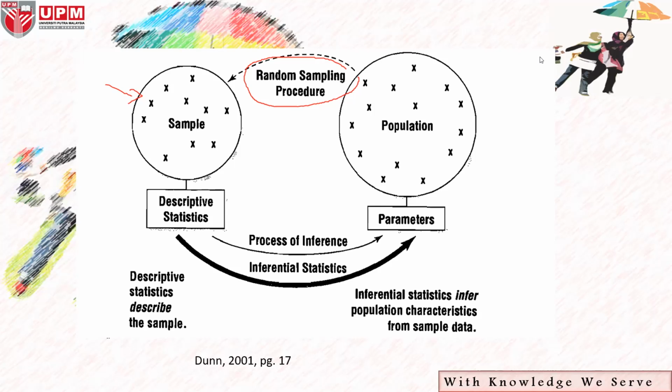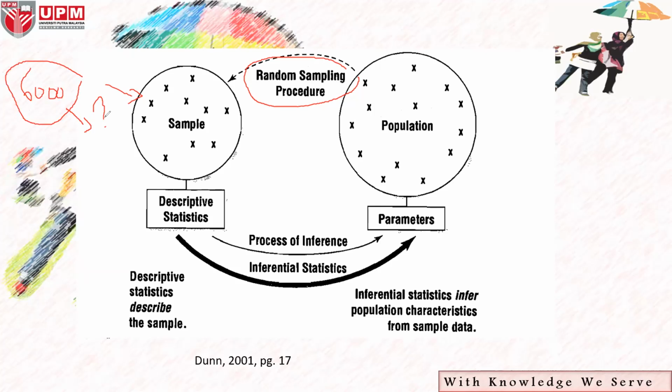For example, this is your population. Your population consists of 6,000 teachers. Based on these 6,000 teachers, you need to determine how many you need, meaning that you need to determine the sample size.